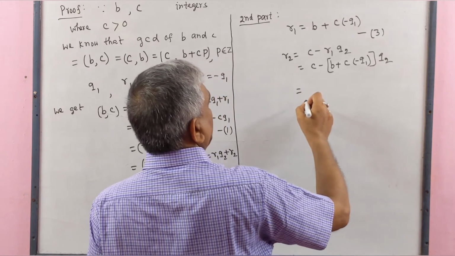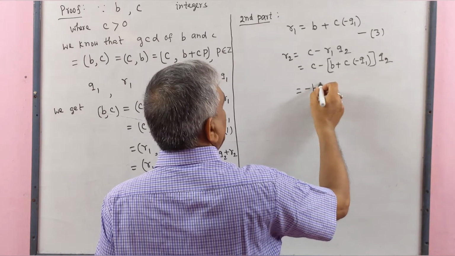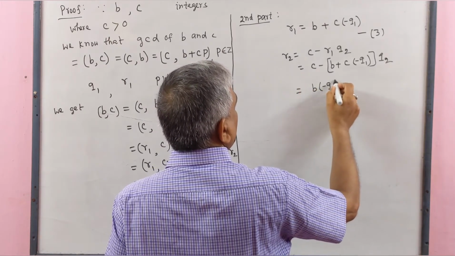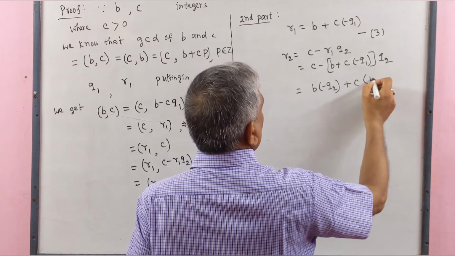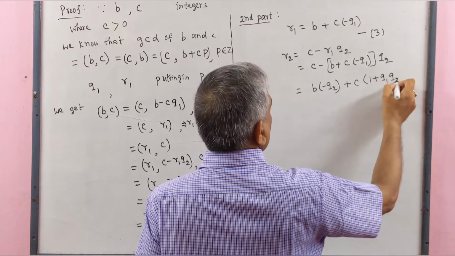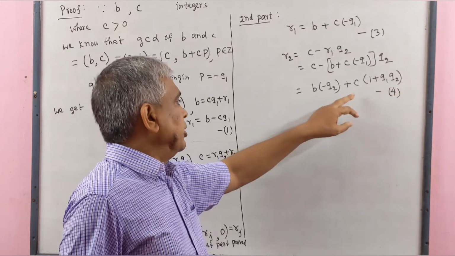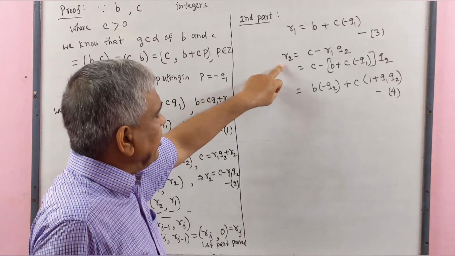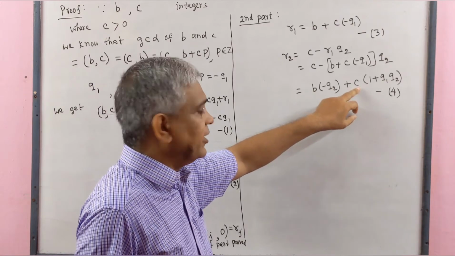This equals B minus Q2 plus C, 1 plus Q1 Q2. This is number 4. Therefore, remainder R2 can be expressed as a linear combination of integers B and C.